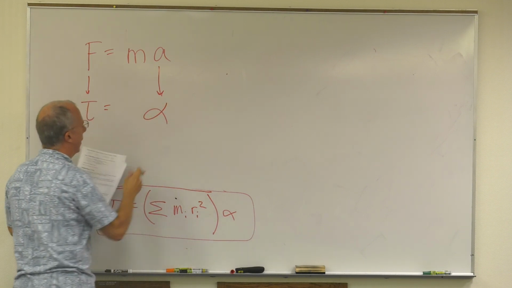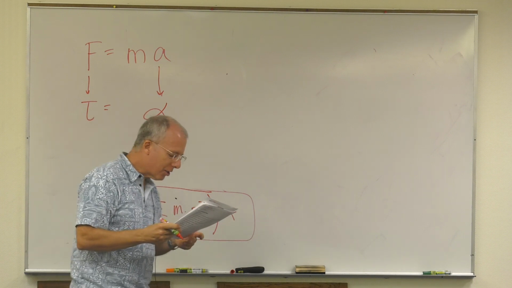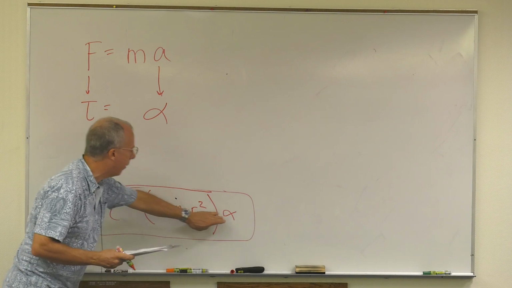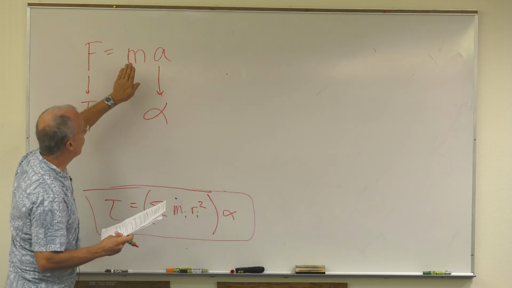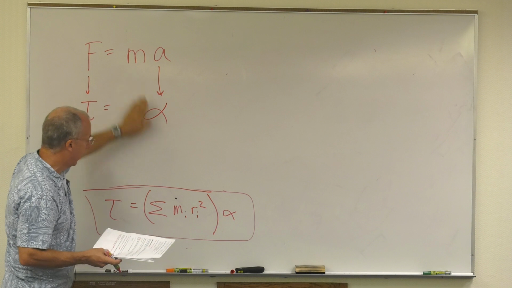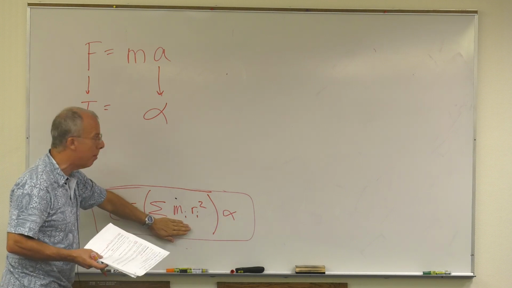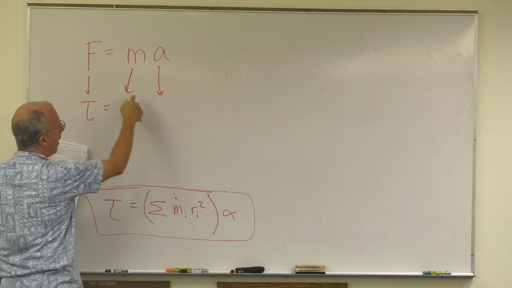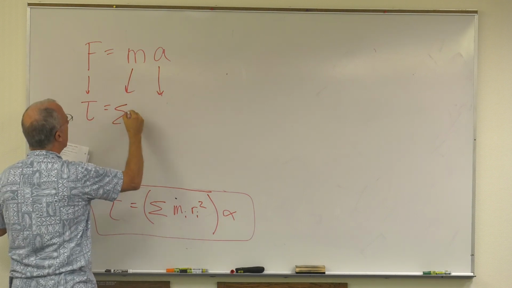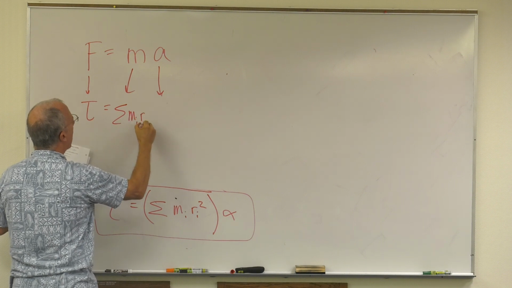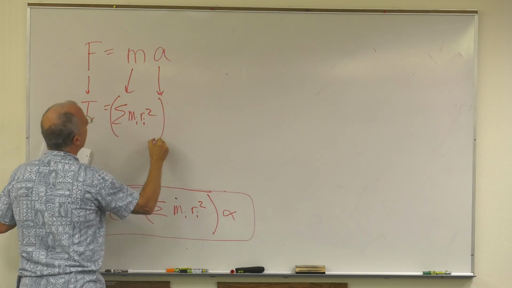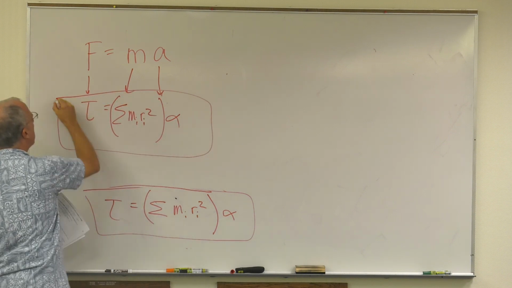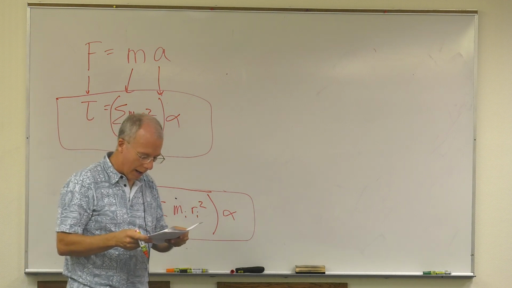It's alpha. So torque equals something times alpha. What has to be the rotational equivalent of m? It has to be this sum, I call it a mass. So the equivalent of mass is the sum of m_i r_i squared. So there you go. This is the rotational version of Newton's second law.